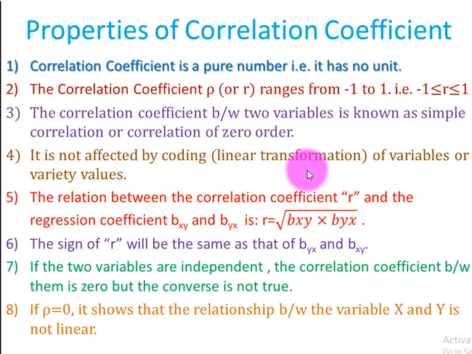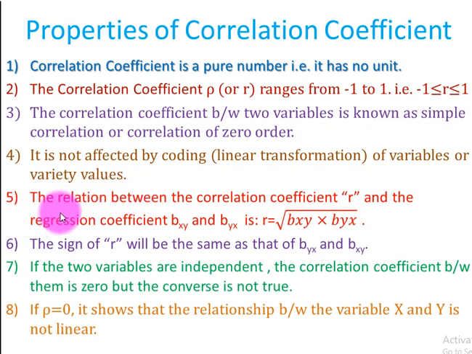Okay, the fourth one is it is not affected by coding, linear transformation of variables or variety values. If you transform the values of the variables x and y, it will not be affected by this transformation. Okay, this is the fourth property of the correlation coefficient.